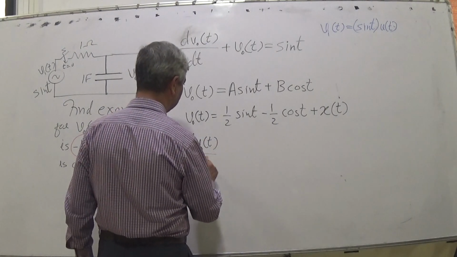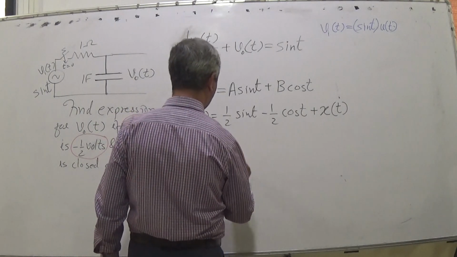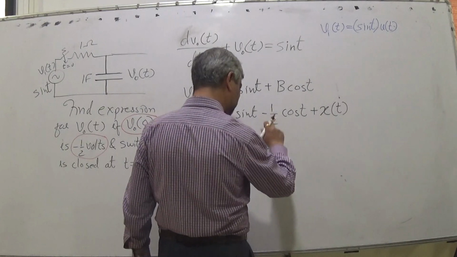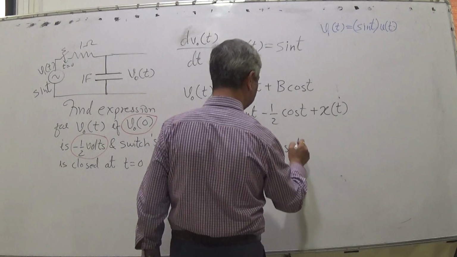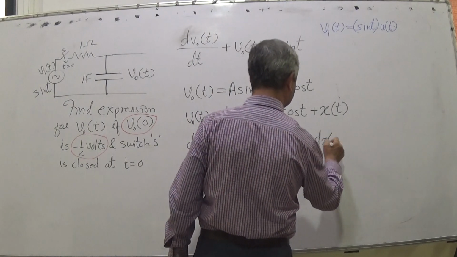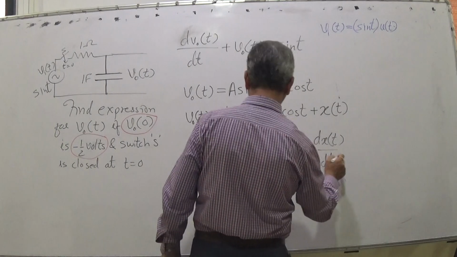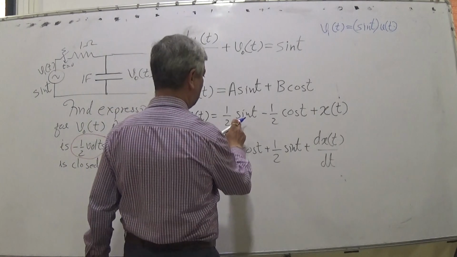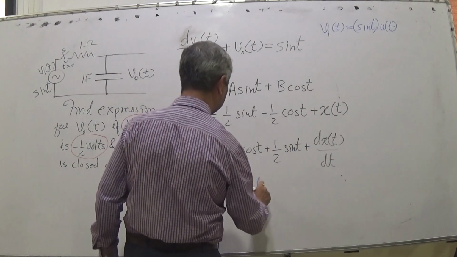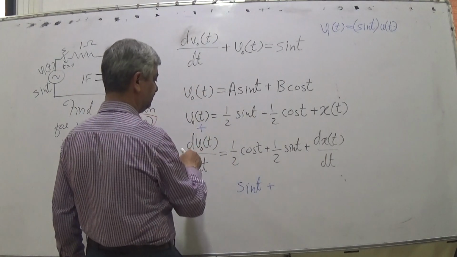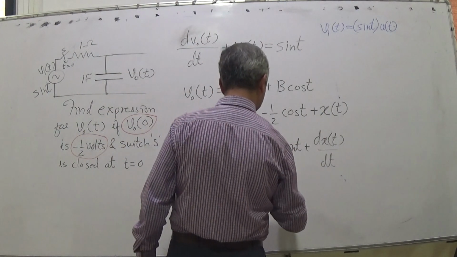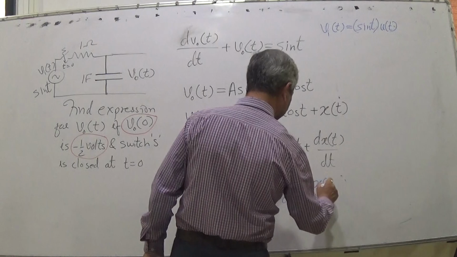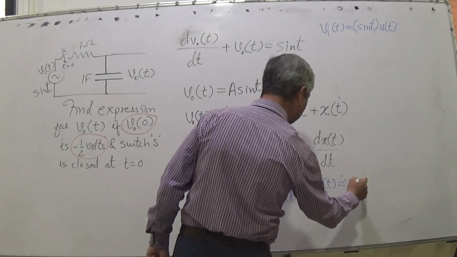dVO(t) by dt is equal to half cos t plus half sin t, plus dx(t) by dt, and when we added these two, we got half plus half sin t, this plus this, plus dx(t) by dt plus x(t) is equal to sin t.